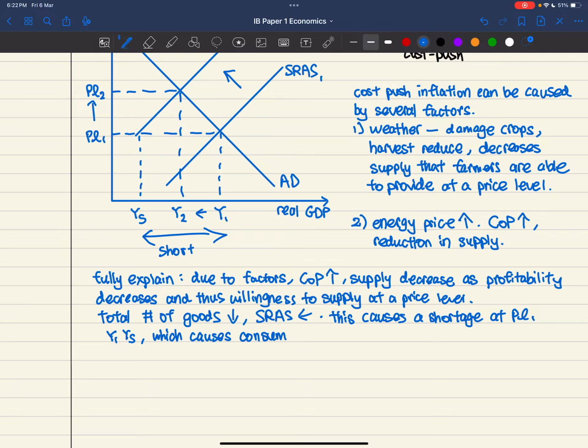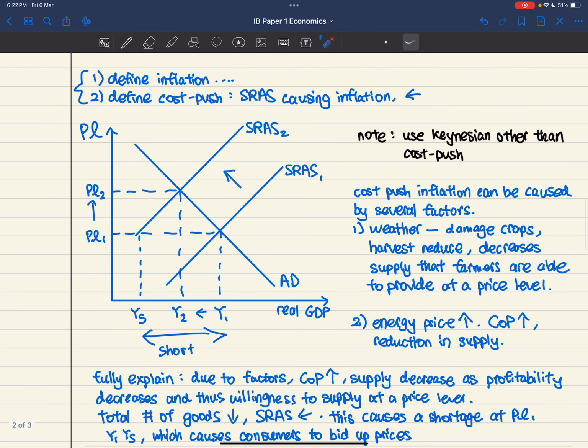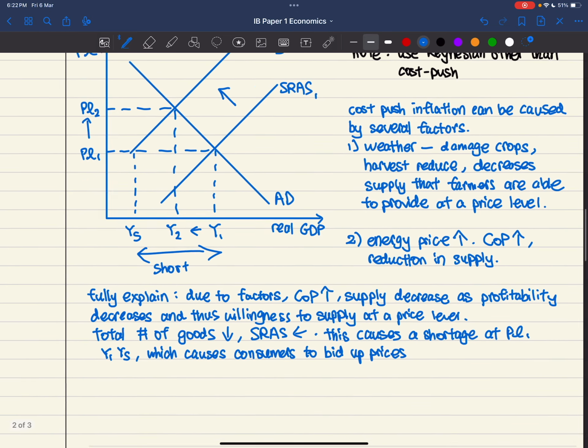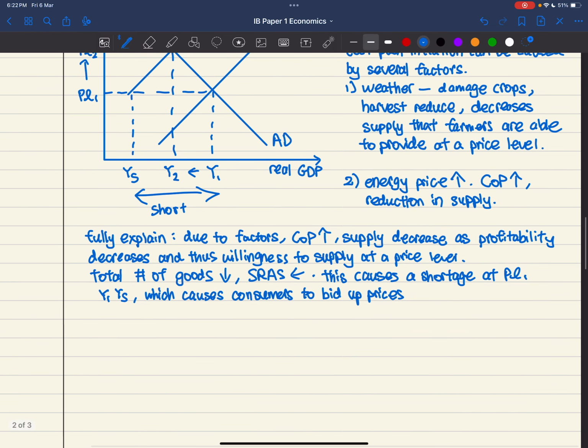Consumers to bid up prices, right? Because unsuccessful consumers will choose to pay a higher price. So to illustrate, it goes from here, it goes here, that's the shortage, and people bid up the price, and slowly it goes to here. So that's the full mechanism you need to explain in 10 markers. Bid up prices, slowly reach PL2, which is inflation.